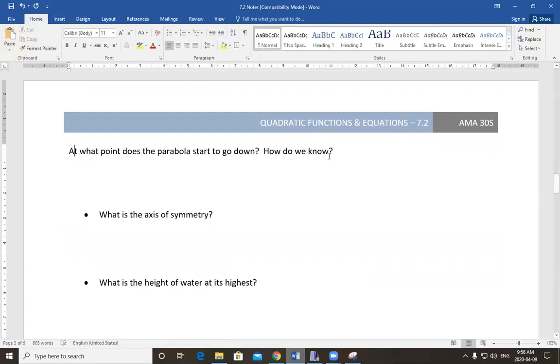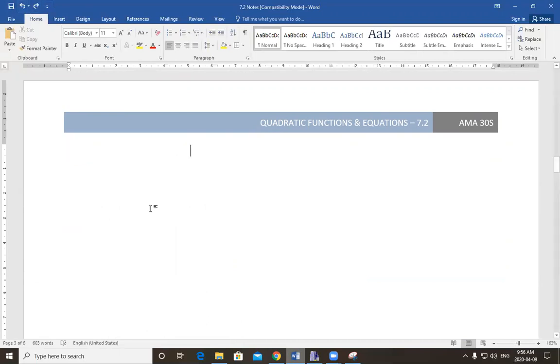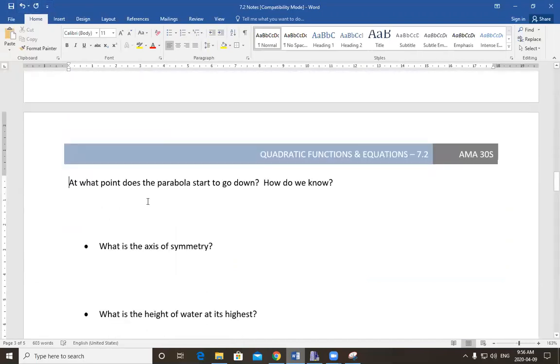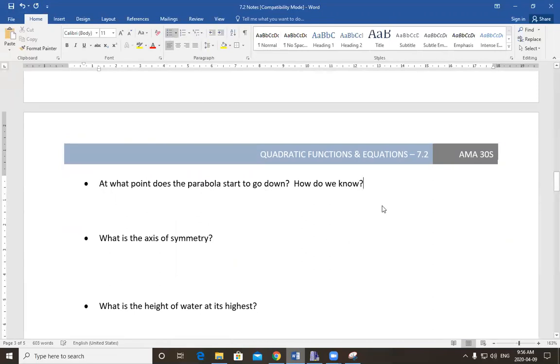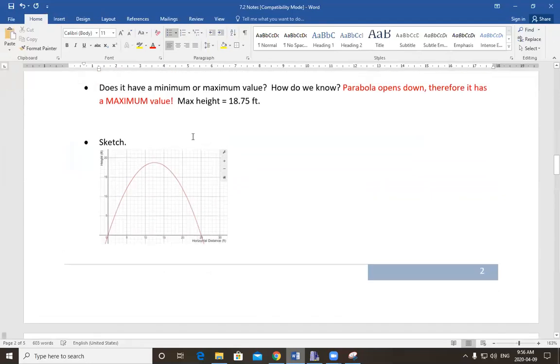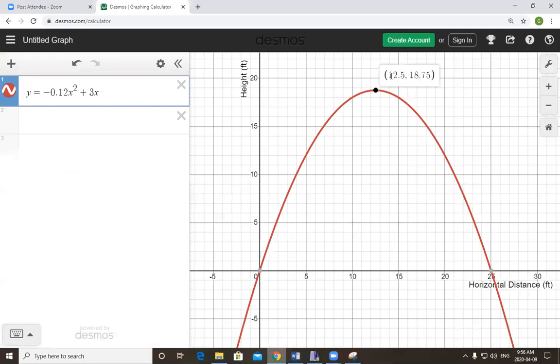At what point does the parabola start to go down? How do we know? Well, at what point would be the x distance? So again, we'll go back to our parabola on our Desmos graph, and we'll look at the x coordinate, which is the axis of symmetry. And so at x equals 12.5, it starts to go down.